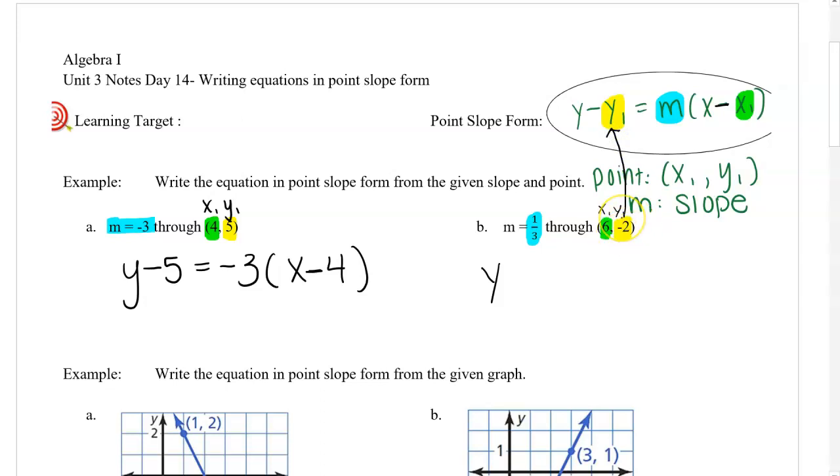So I like to say if it looks like a -2, I'm going to put a +2. My slope comes next in front of the parentheses. And then if it looks like a +6, I'm going to make it a -6.